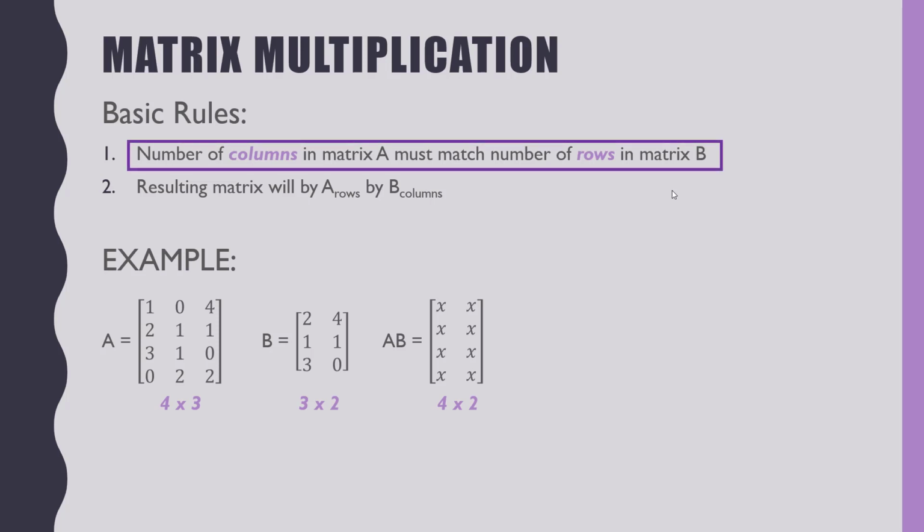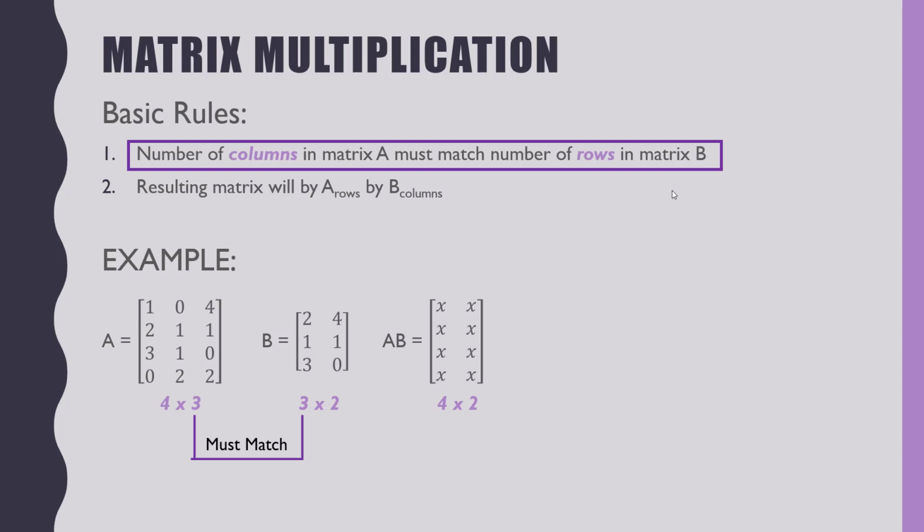And this first rule here, here's what this means. Those two numbers right there, they need to be the same. If those two numbers are not the same, you cannot do the multiplication, okay? And again, the matrix is written as row by column, so 4 rows by 3 columns, and then 3 rows by 2 columns. If those two middle numbers are matching, then we're good to go, all right?